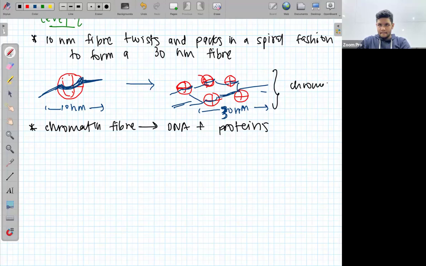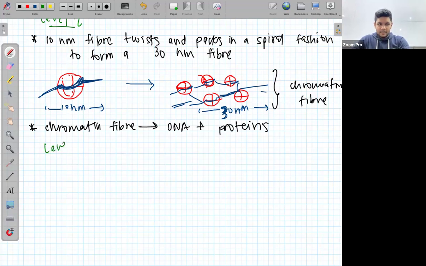Chromatin fiber. Is it clear? Yeah, I hope it's clear. Right. Now let's go to level 3.